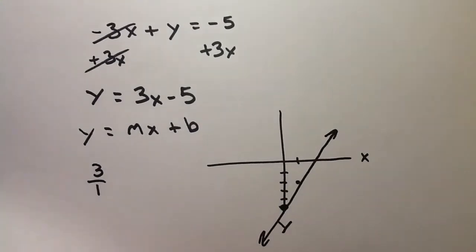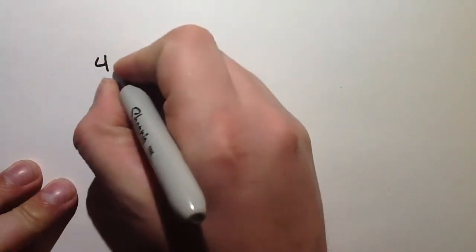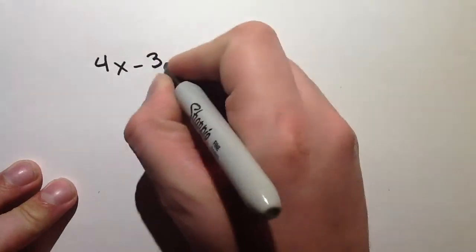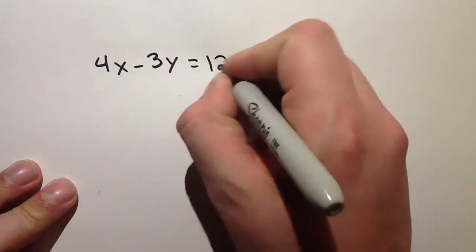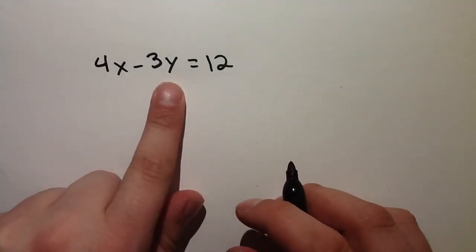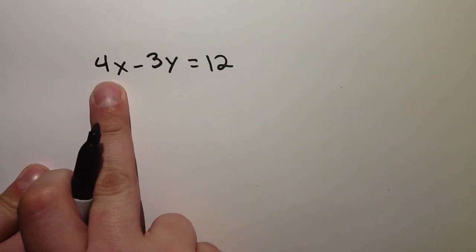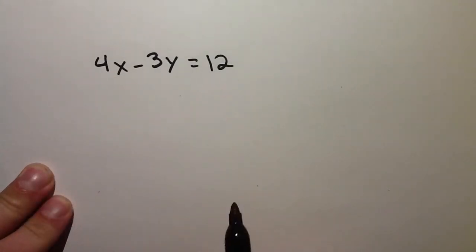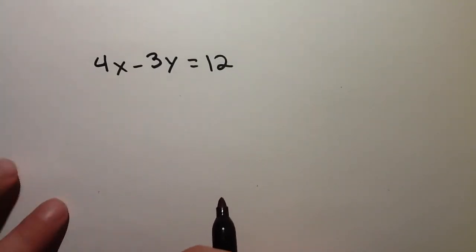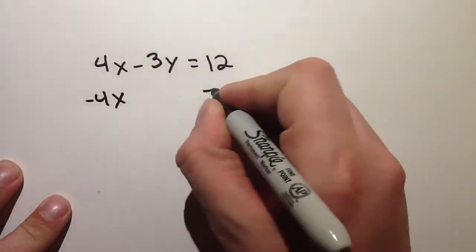Now we're going to go over another equation. And that equation this time is going to be 4x minus 3y equals 12. Again, I want to isolate the y value, solve the equation for y. I don't want this 4x on this side, so I need to move the 4x to the other side. Since this is a positive 4x, I undo that with subtraction.